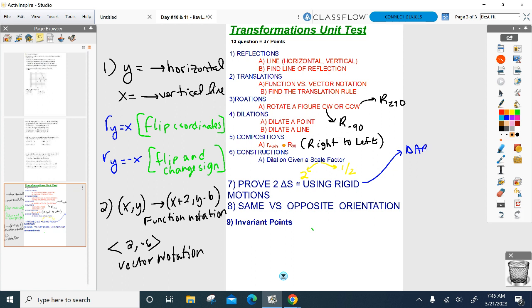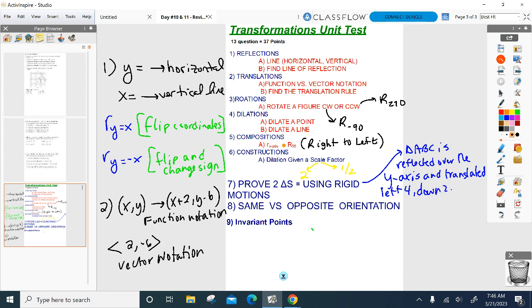So triangle ABC is reflected over the y-axis and translated left 4, down 2.